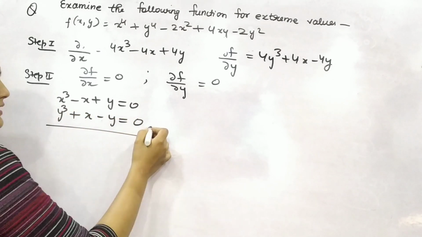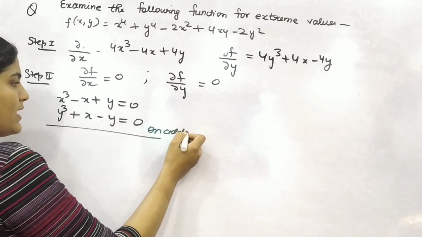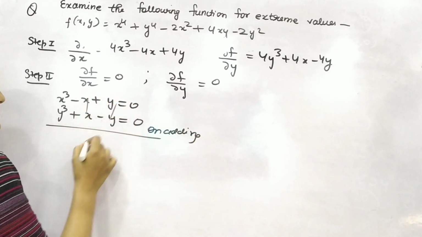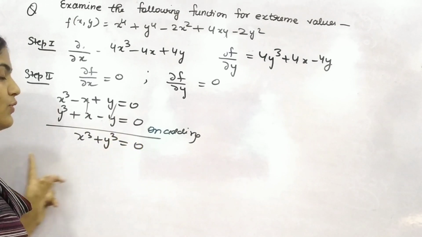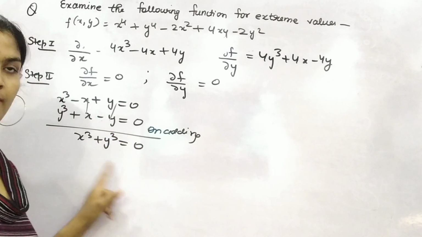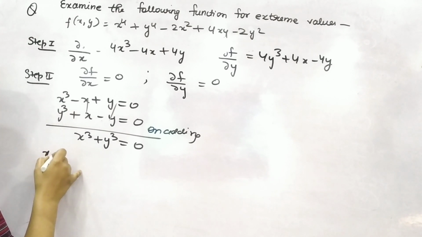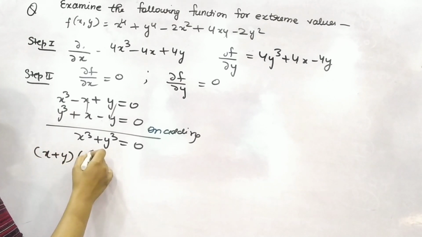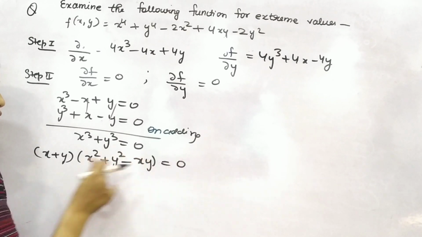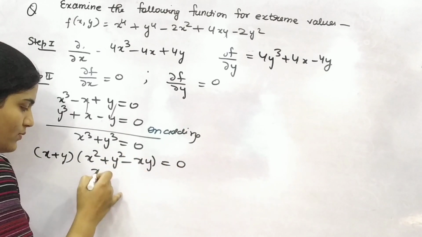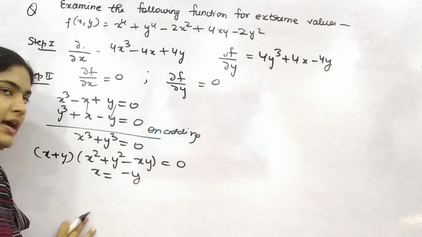If you try to solve this, you can simply add so that these two will be cancelled. What is left? x cube plus y cube. You know the formula of a cube plus b cube? It is (a plus b)(a square plus b square minus ab), right? If you put this as 0, so your x will be minus y.